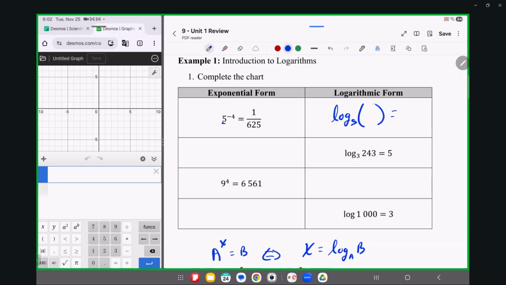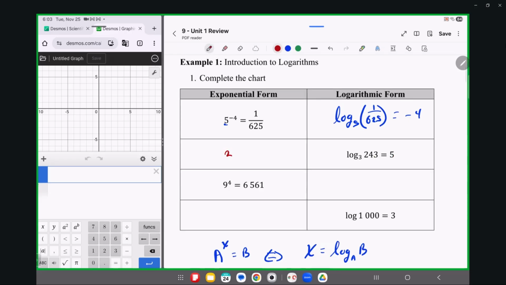So this will become log base 5 of 1 over 625 is equal to negative 4. The base of the log is the base of the exponent, and you're solving the logarithm equal to the exponent.